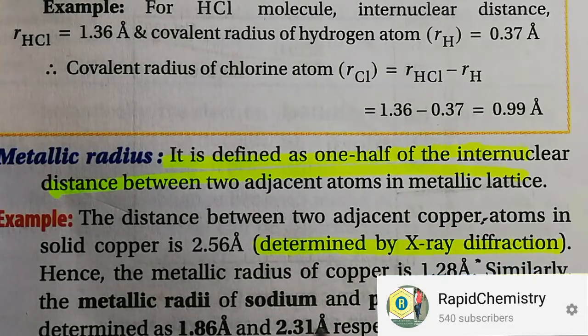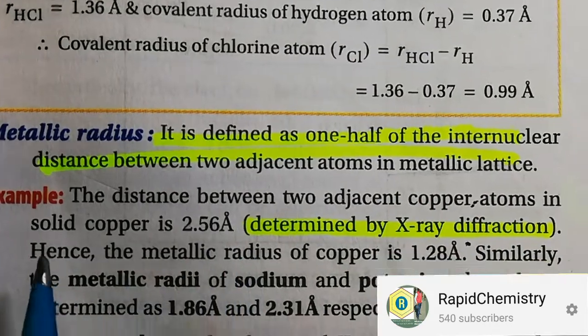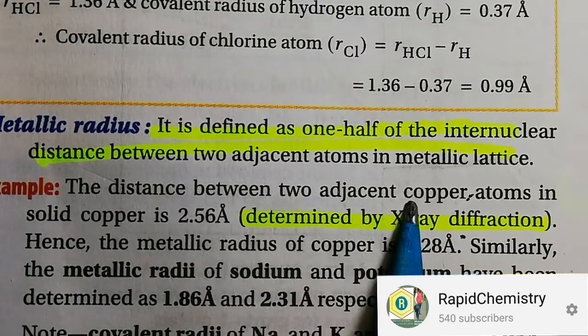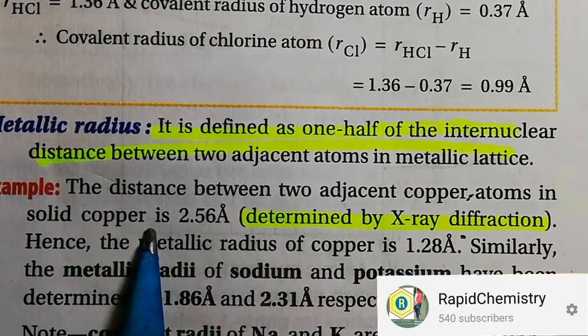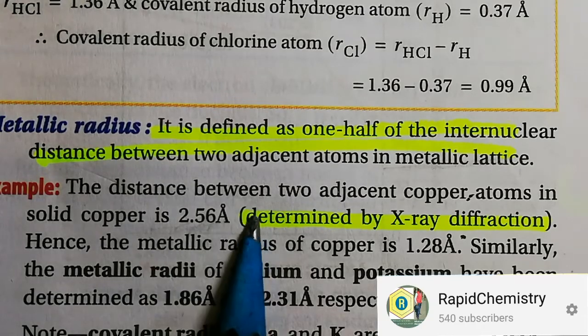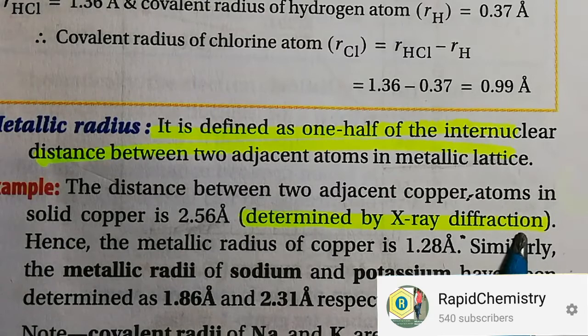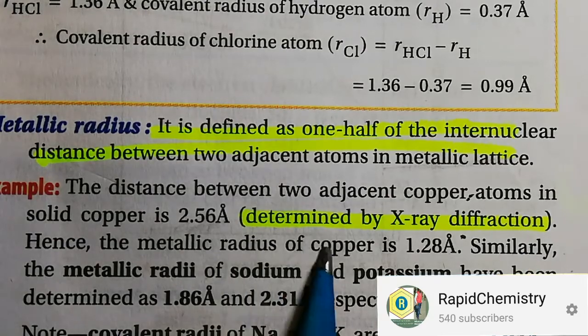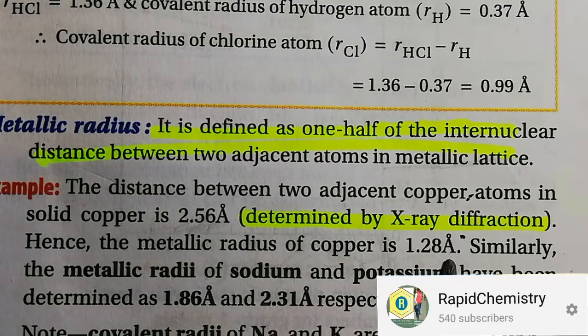As an example, the distance between two adjacent copper atoms in solid copper is found to be 2.56 angstrom, determined by X-ray diffraction method. Hence the metallic radius of copper would be half of that, 1.28 angstrom. Similarly, the metallic radii of sodium and potassium have been determined as 1.86 angstrom and 2.31 angstrom respectively.